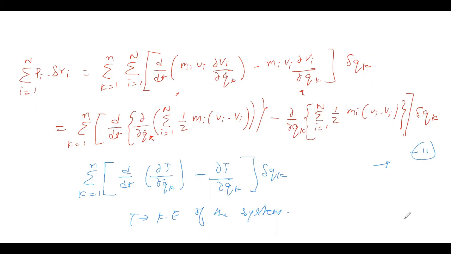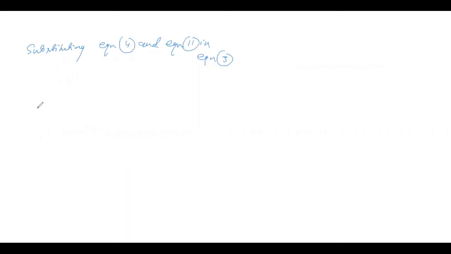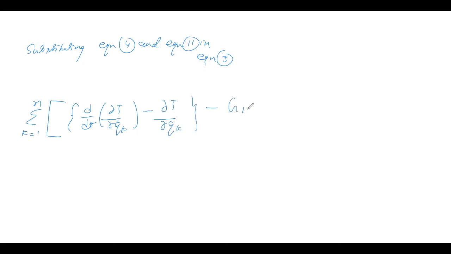So substituting all in D'Alembert's principle, what we get is sum over k equal to 1 to N of d/dt of (delta T by delta qk dot) minus delta T by delta qk, minus Gk, into delta qk, equal to 0.